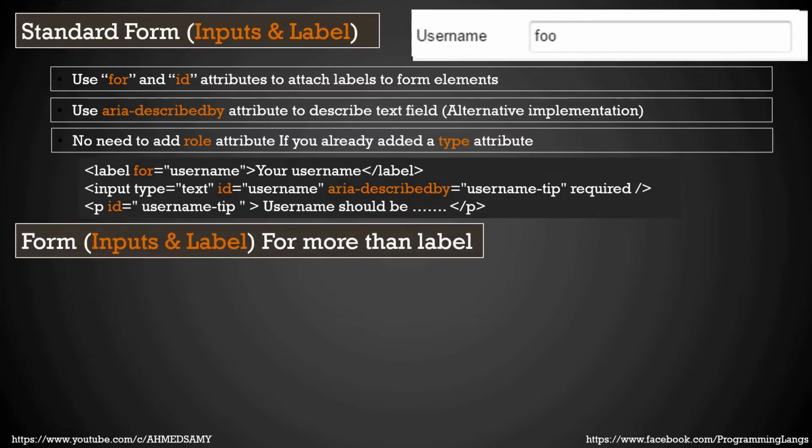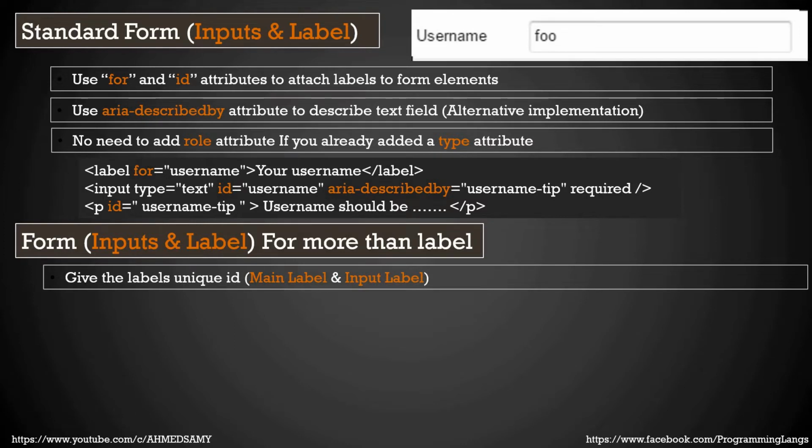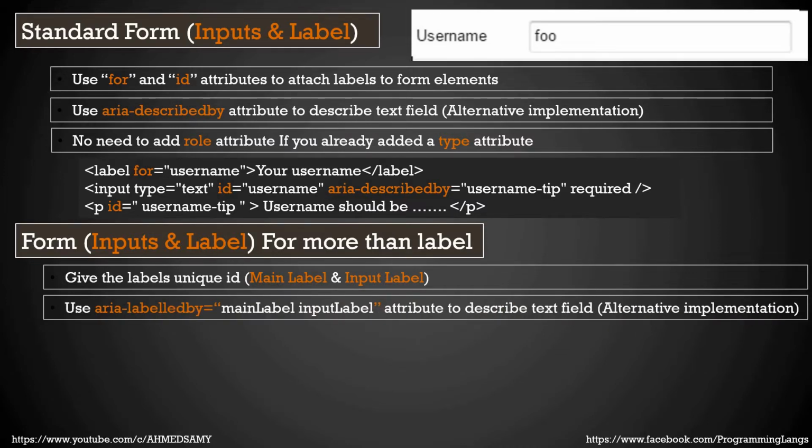We are going to continue with a form with inputs which have more than one label, not just one. In this case, we are going to use what we call label IDs, by giving the label itself, not for this time, but a unique ID for each label, which we are going to use later. We use aria-labelledby on the input field itself, pointing to the labels in the sequence in which we would like the screen reader to announce them to the user.